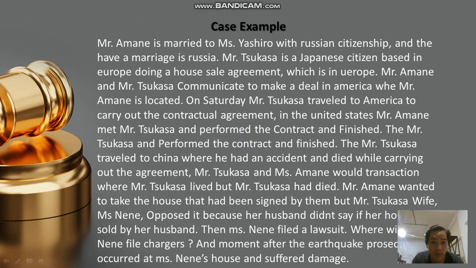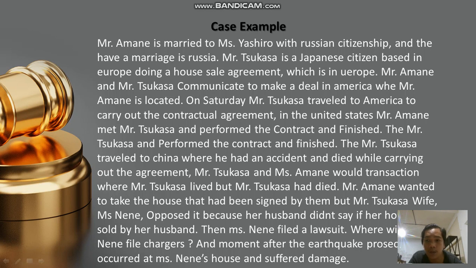First example of connection in private international law. Mr. Amane is married to Miss Yoshiro, with Russian citizenship, and they have the marriage in Russia. Mr. Sukasa is a Japanese citizen based in Europe, doing a household agreement, which is in Europe.